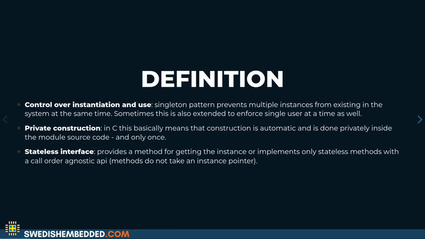So one of the key factors in the Singleton pattern is that we're trying to make this API as stateless as possible, especially if you're not passing the context or the state of the object as the first parameter to the Singleton member functions, the member functions that are part of the object implementation.